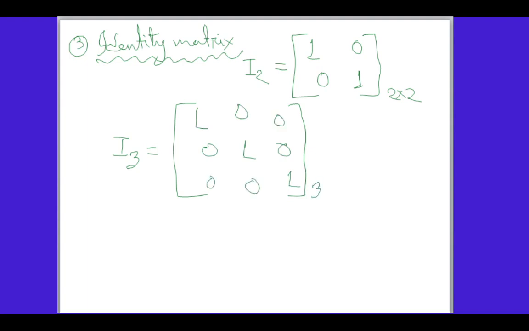I3 is an identity matrix. Okay. This is the third type.